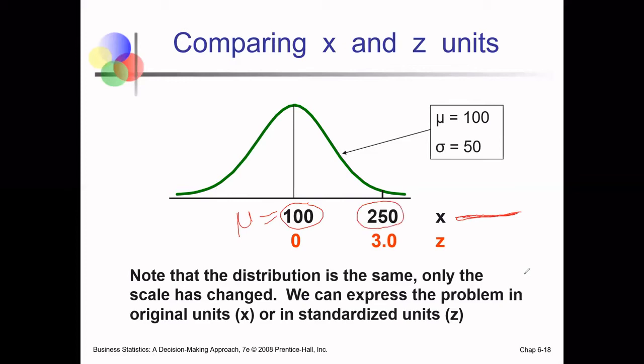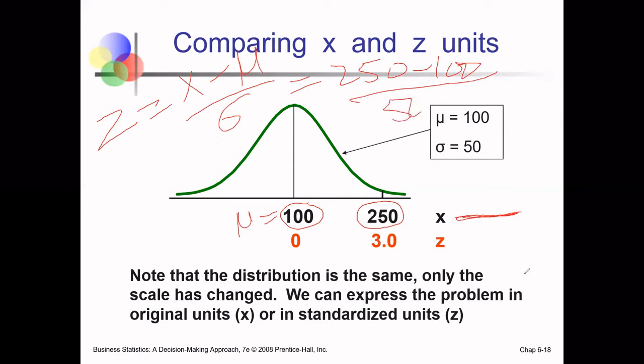Now we are just putting the value x minus mu divided by sigma. Here the value of x is 250, minus 100, and divided by 50, you will get 3. It means we have converted x into z. You can see that when we put the value 250 and get the answer 3, we will place it here.